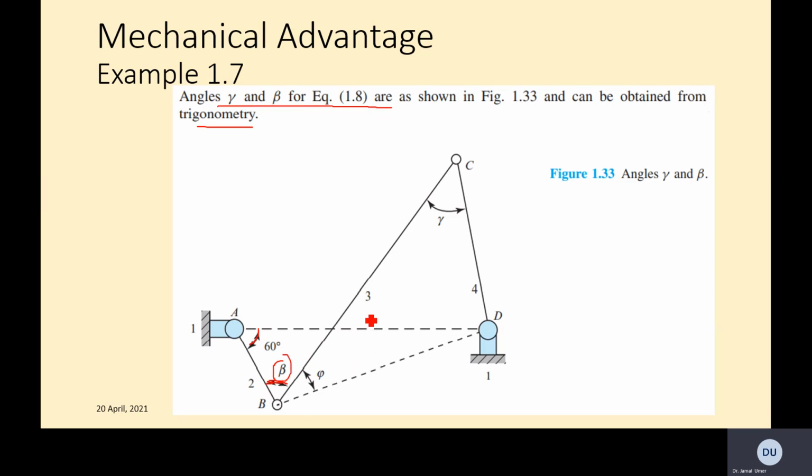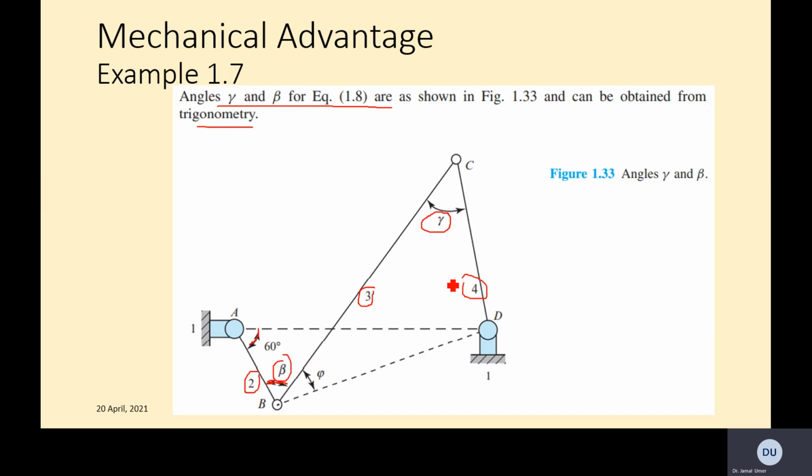This is the angle beta, this is the angle gamma. These two are the angles we are interested in. It requires evaluation of intermediate angles so that we can use the triangular method to find gamma. The links are also named for convenience: this is link 2, this is link 3, and this is link 4.